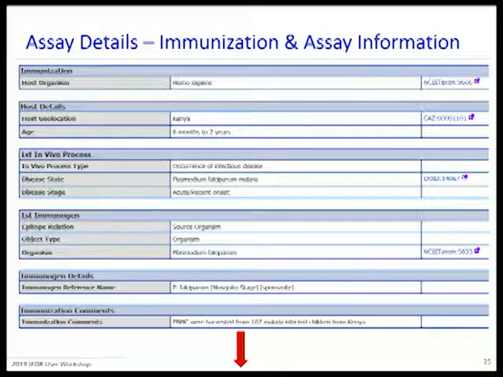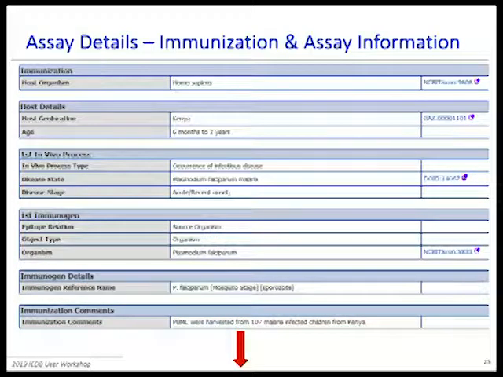We have drop-down lists that you can use to narrow those down. Below that, if there is a specific disease associated with the host, in this case, they're infected with Plasmodium falciparum, they have malaria, and if there's a stage that's known, in this case acute, we will capture that information as well.